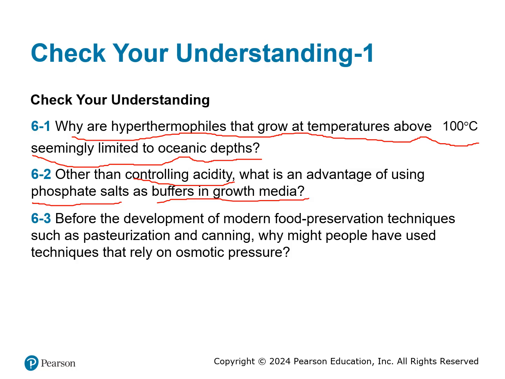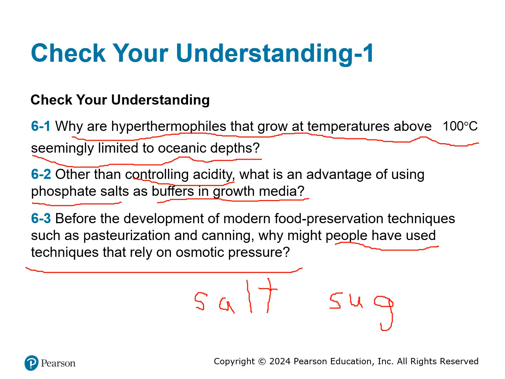All right, next question. Before the development of modern food preservation techniques such as pasteurization and canning, why might people have used techniques that rely on osmotic pressure? Well, we learn now that it's not so good for you, but it's really easy to put salt or sugar on food to preserve it, right? Real easy process. Those are two things that are pretty abundantly available, and you can just put them on there.